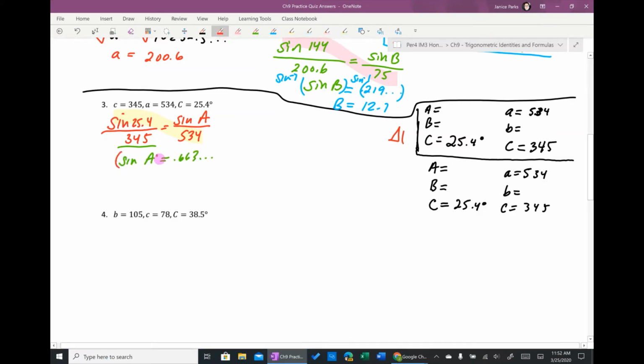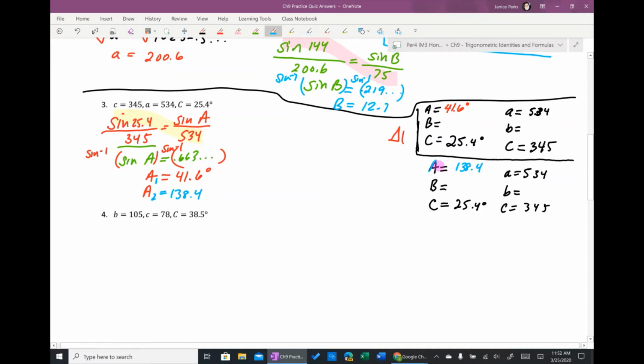Then you will be doing the inverse sine of both sides. That will give you A is equal to 41.6 degrees. Then we're going to get the second A value. That's A1. So A2 is 180 minus this. So 180 degrees minus 41.6 is 138.4.